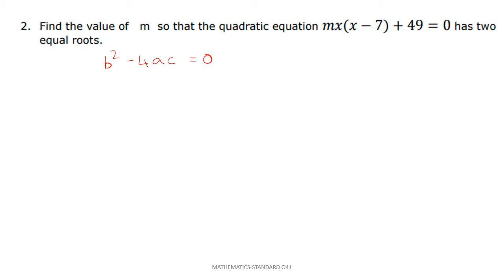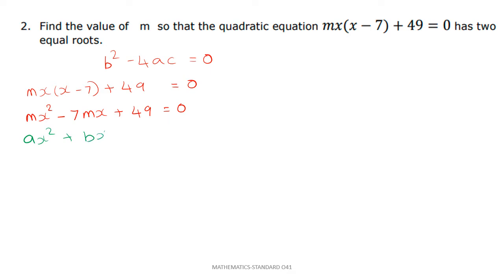So the first step is to expand the given equation. I'm just rewriting the given equation: plus 49 equal to 0. So mx into x will give you mx squared minus 7mx plus 49 equal to 0. Now let's write the standard form of the equation, Ax squared plus bx plus c equal to 0.